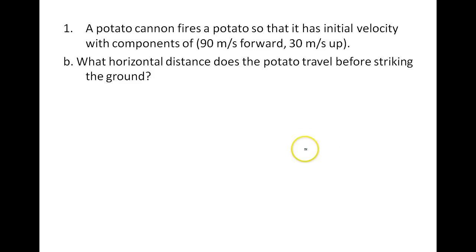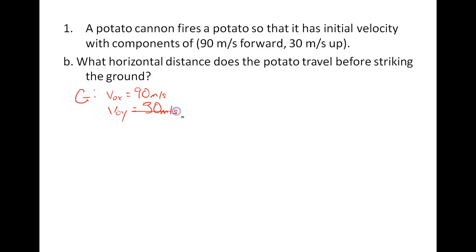Well, we know that it's in the air for 6 seconds now, so when we re-list out our givens, we can put time as one of our givens. So let's do our givens again, and we've got the initial horizontal velocity of 90 meters per second, the vertical velocity of 30 meters per second.